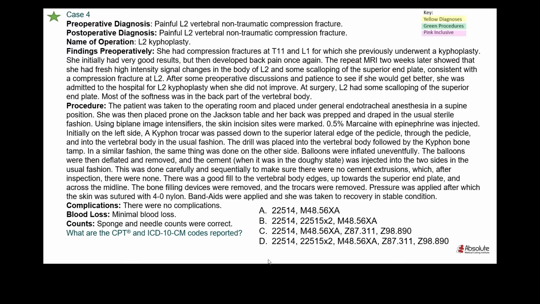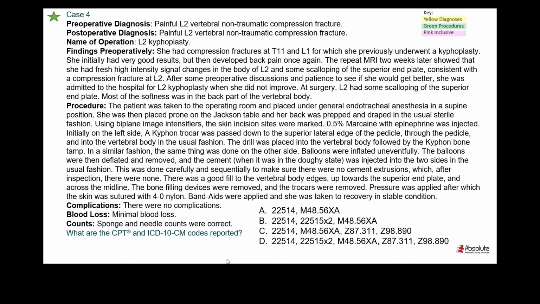What are the CPT and ICD-10-CM codes reported? A. 22514, M48.56XA. B. 22514, 22515 by 2, M48.56XA. C. 22514, M48.56XA, Z87.311, Z98.890.